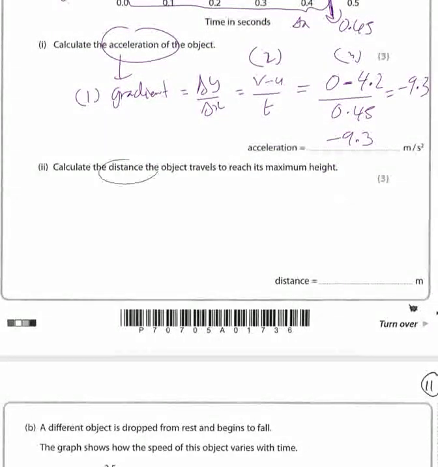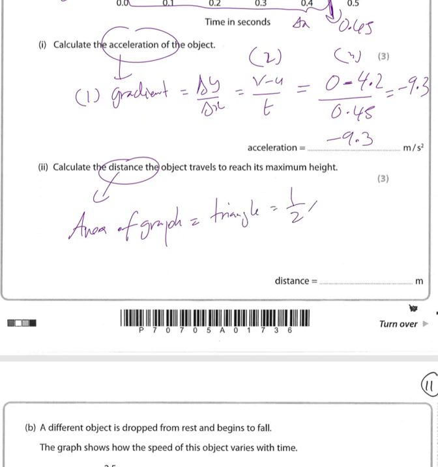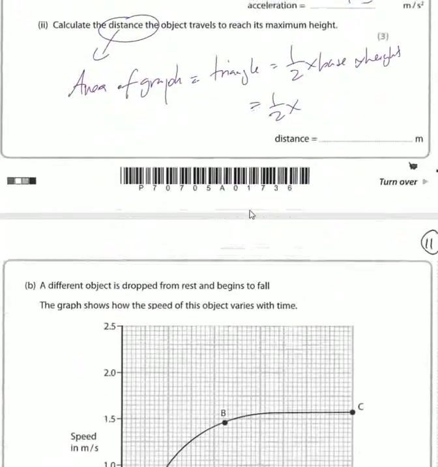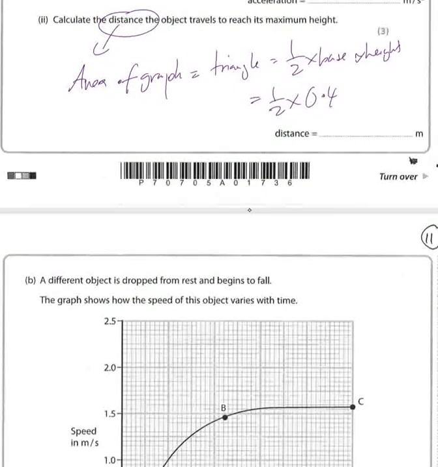Okay, distance, it is straightforward. It is the area of the graph. The area of the graph is a triangle. Therefore, it is area of the triangle, half base times height. Base we know, so base is this here. It is 0.45 times height.